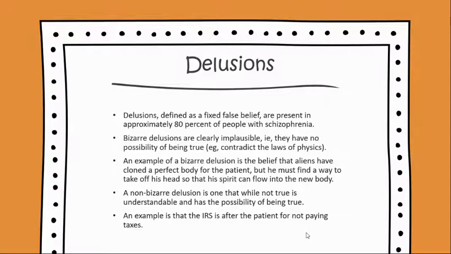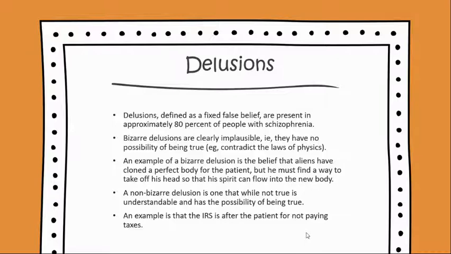Delusions, defined as a fixed false belief, are present in approximately 80% of people with schizophrenia. Bizarre delusions are clearly implausible, which is, they have no possibility of being true. For example, they contradict the laws of physics.